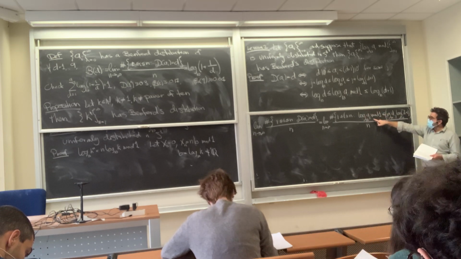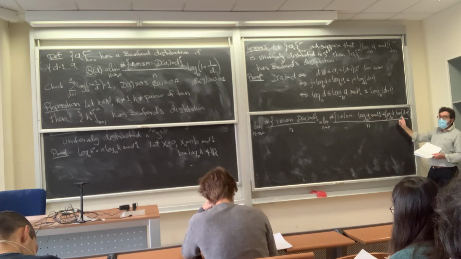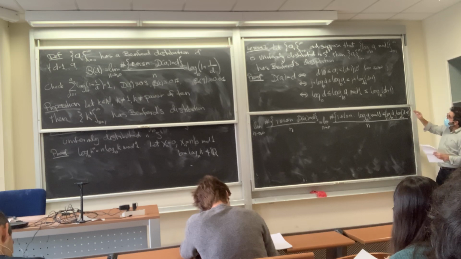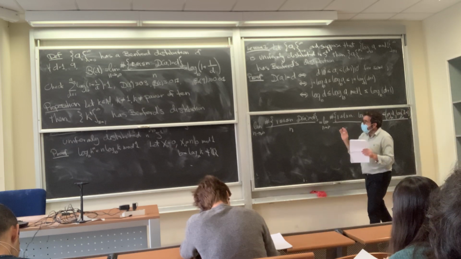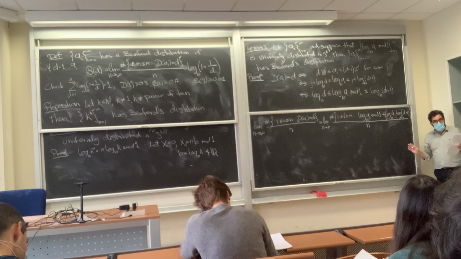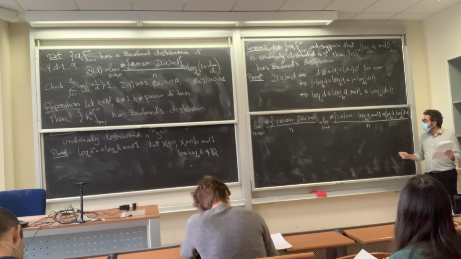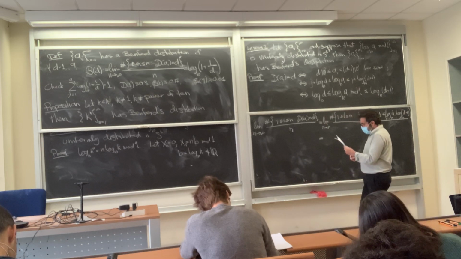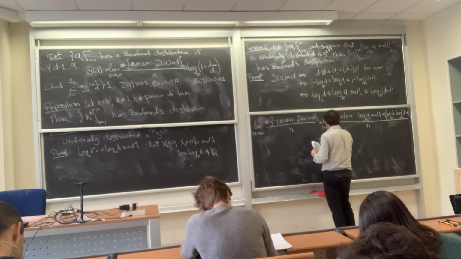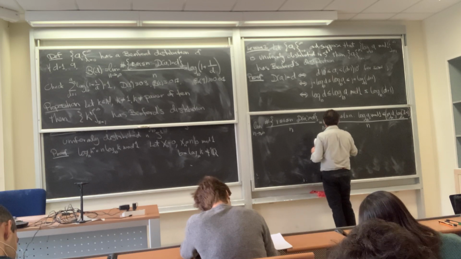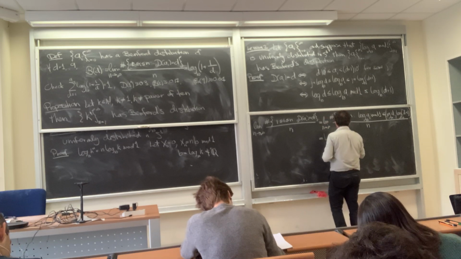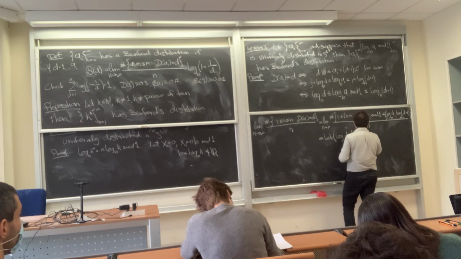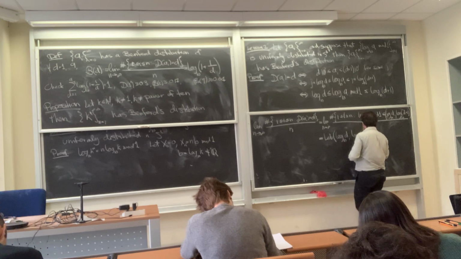So what does that mean about this limit? If it's uniformly distributed, remember, the frequency of times that it falls in an interval (a, b) is equal to the Lebesgue measure of that interval. So this limit is exactly the Lebesgue measure of the interval from log base 10 of d to log base 10 of d plus 1.